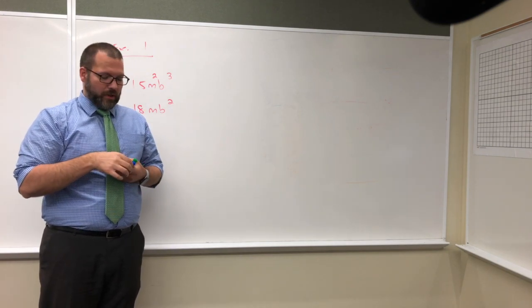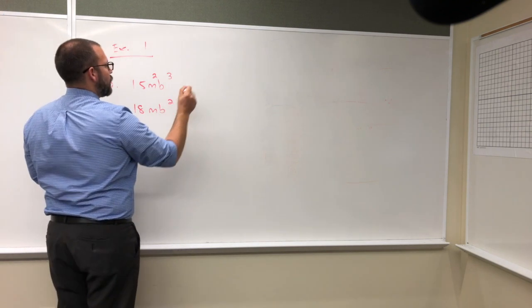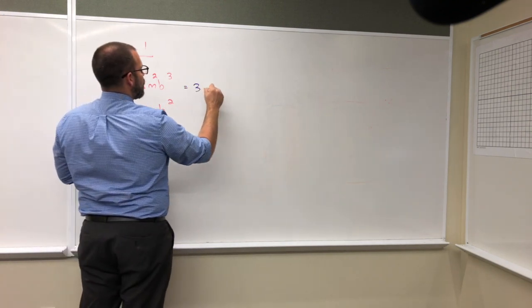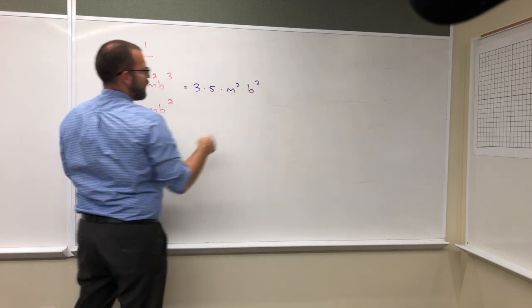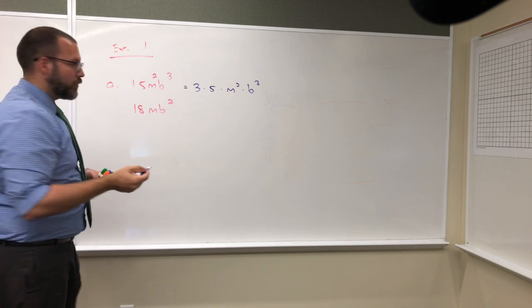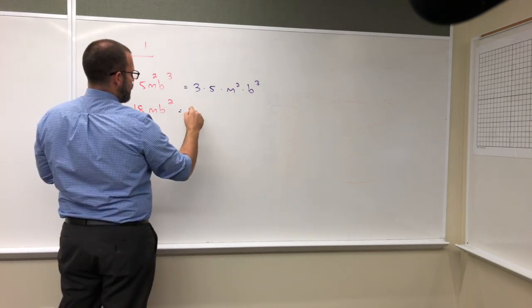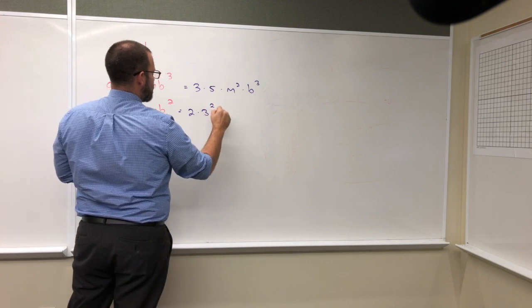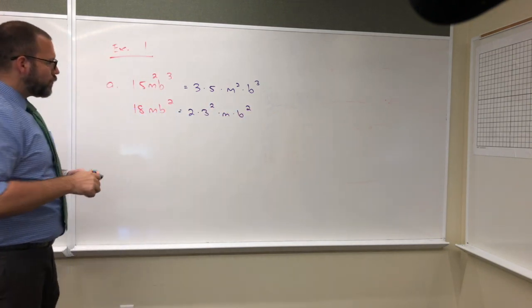In this case, since they're just monomials, we do a prime factorization. So 15, of course, is 3 times 5, and then the m and the b, being variables, we can just leave them in exponential notation already. And then the 18 m b squared is going to be 2 times 3 squared times m times b squared.